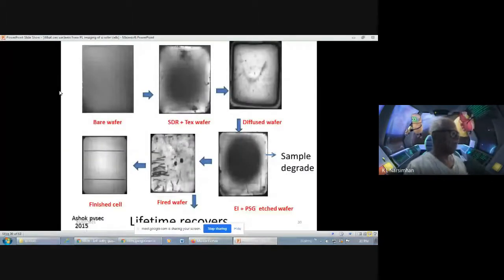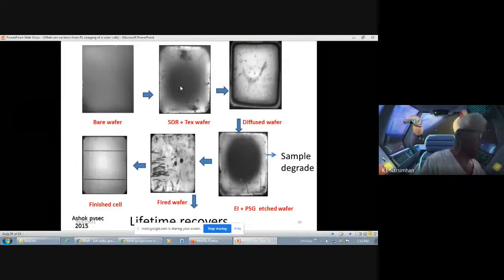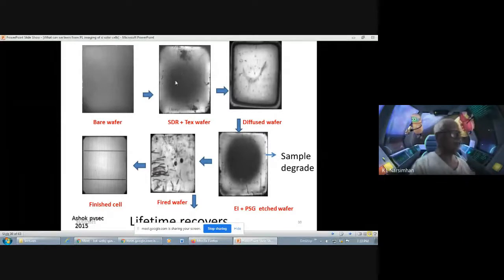So this was the bare wafer you started off with, and then there's something called saw damage removal. Then you texturize the wafer so that you reduce the reflectivity, and you see the lifetime is very poor here. And then you diffuse it.